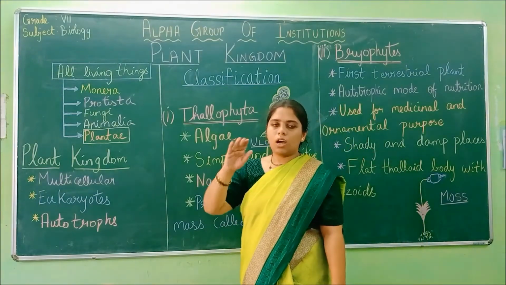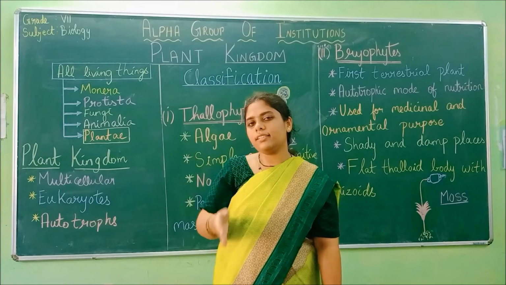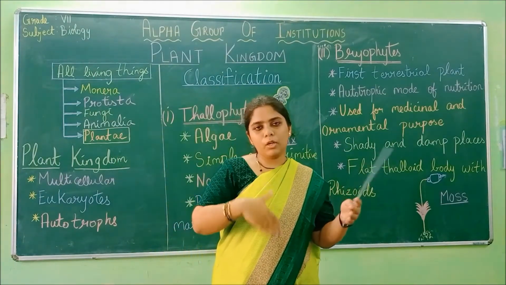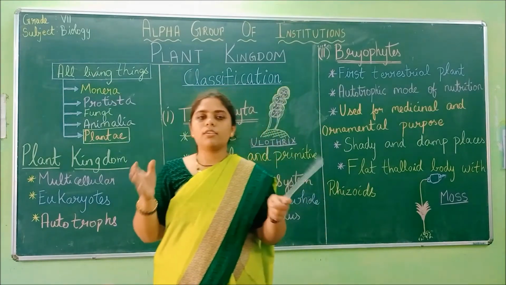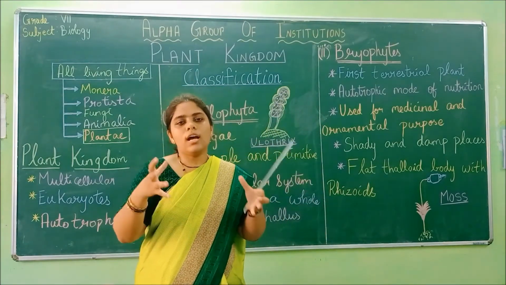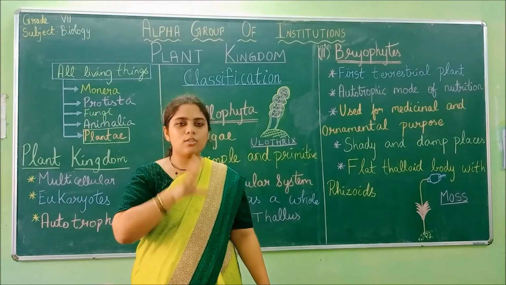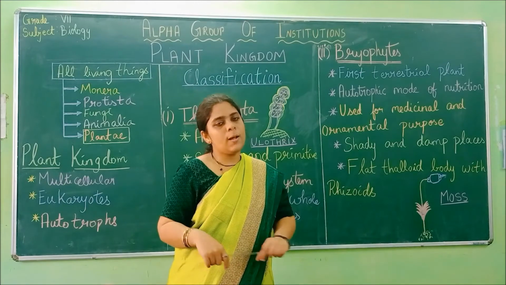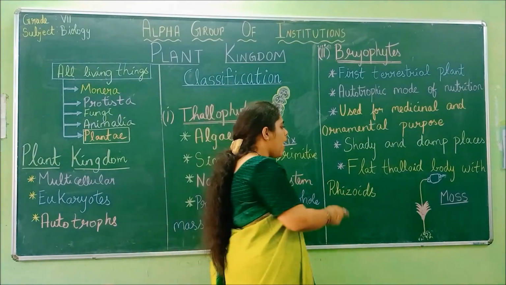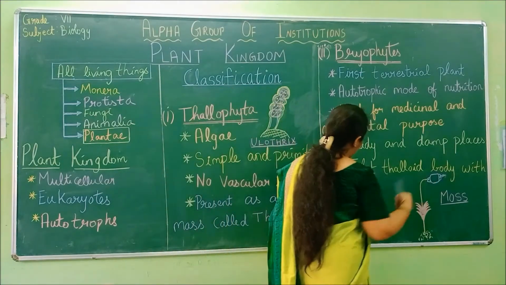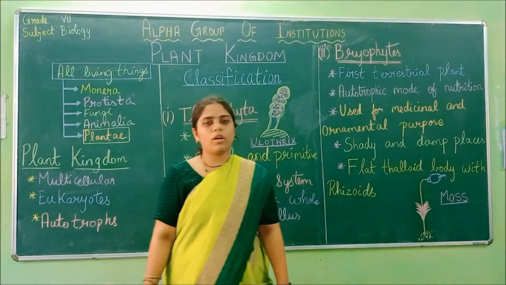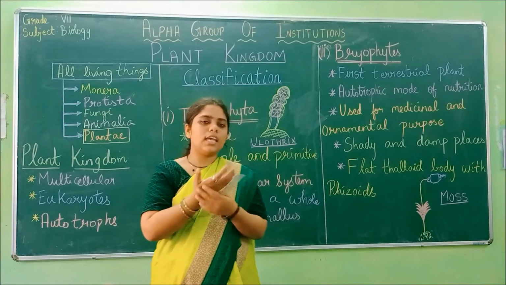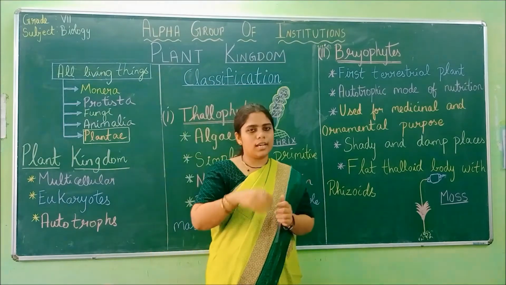Shady means where direct sunlight does not come, under a building or under a tree. It will be very cool, a cool wet place where no direct sunlight comes. In that type of place, these bryophytes will grow, and flat thalloid body with rhizoids. Flat thalloid body means it will be present as a whole but flat, and they will have small rhizoids in it.